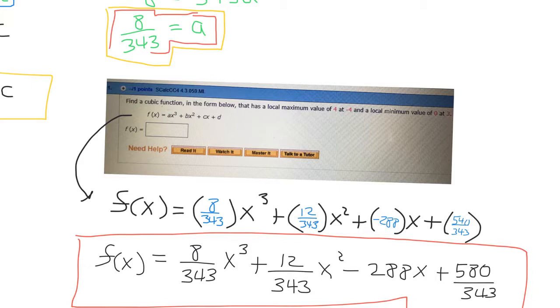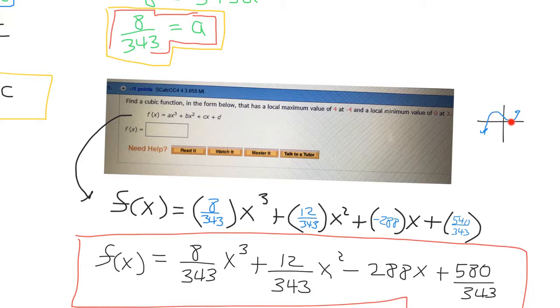So, zooming in on this, find a cubic function in the form below that has a local maximum value of negative 4 and a minimum value of 0 to 3. So basically what I had done is I had reminded us that graphically this really looks something like that, with the realization that the maximum value right here, basically when x is negative 4, y is positive 4.